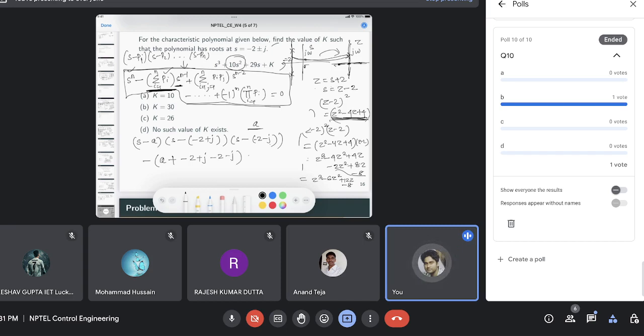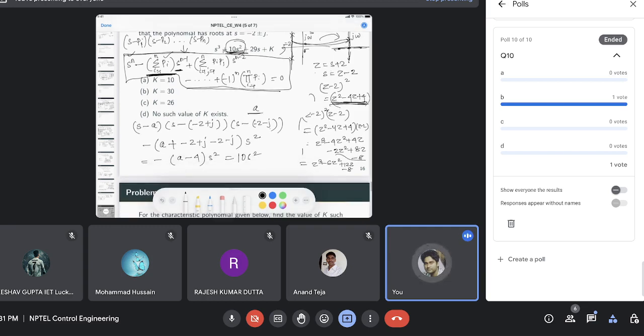This will be multiplied with the square term. So you have minus of a minus 4, which should equal the coefficient. So a should be 6. Is it clear? Sorry, just compute this.